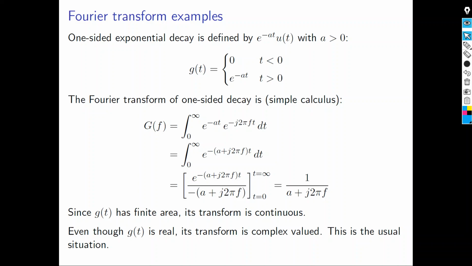For example, if I give you a signal g of t, which is exponentially decaying, e to minus a t, where can you see this function in practice? The wireless channel. When you transmit your signal from that tower to your phone, the first component that you receive from your transmitter has this amplitude, let's say.